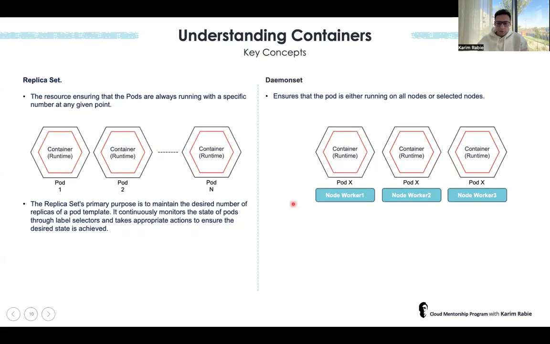Another concept I would like to talk about is the replica set. The replica set is something that guarantees that the container platform, let's say Kubernetes or whatever, ensures always that the number of pods is preserved.